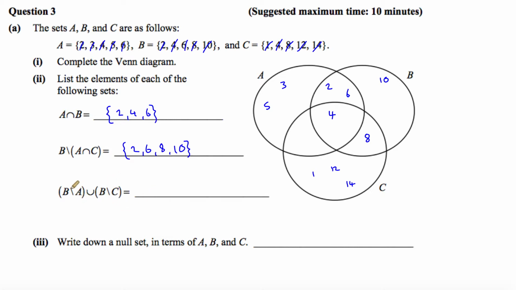So the third one then, B less A in union with B less C. So let's do B less A first. If you're inside B, you take away anything that's in A, you're left with 8 and 10. So that would be 8 and 10 for that one. And that's in union with B less C. So again, imagine you're in B and you take away anything that's in C, that would be the 4 and the 8, leaving you with 2, 6, and 10.